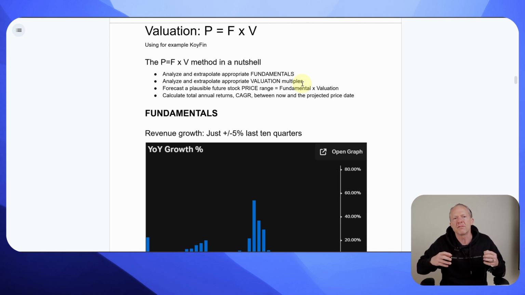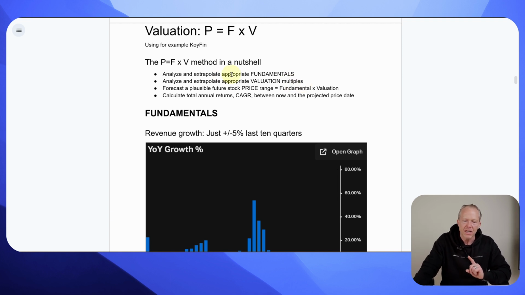What the P equals F times V method is about is that it's the overarching method of using fundamentals with as good forecasts as you can make and the associated valuation multiple, be it based on cash flows or earnings or sales or assets. And those are the most important ones, the only ones you typically would ever need, really.